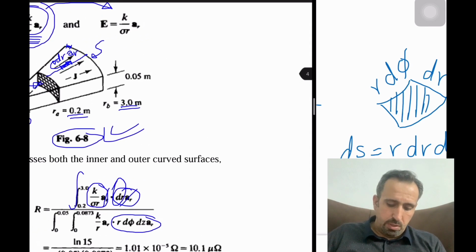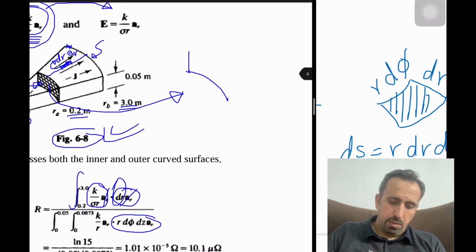May I plot it right here, or I can even use the whiteboard, but I have enough space here. Okay, I'll try to plot a piece of this structure, the inner or outer side of this piece of conductor.